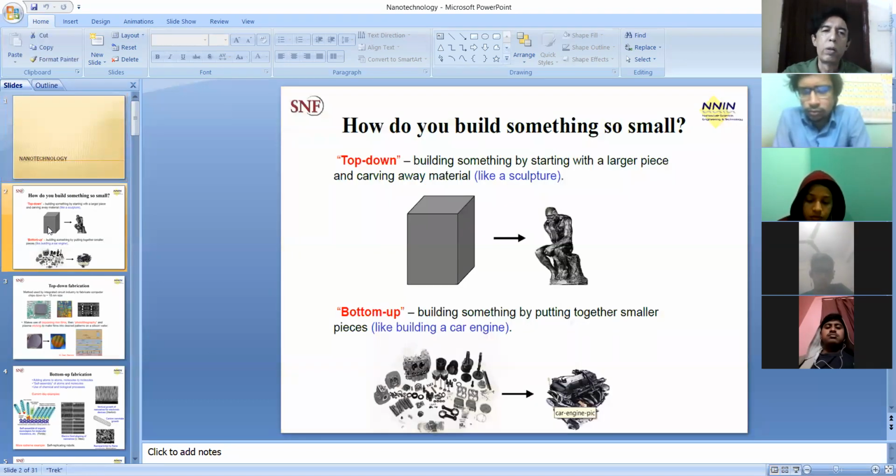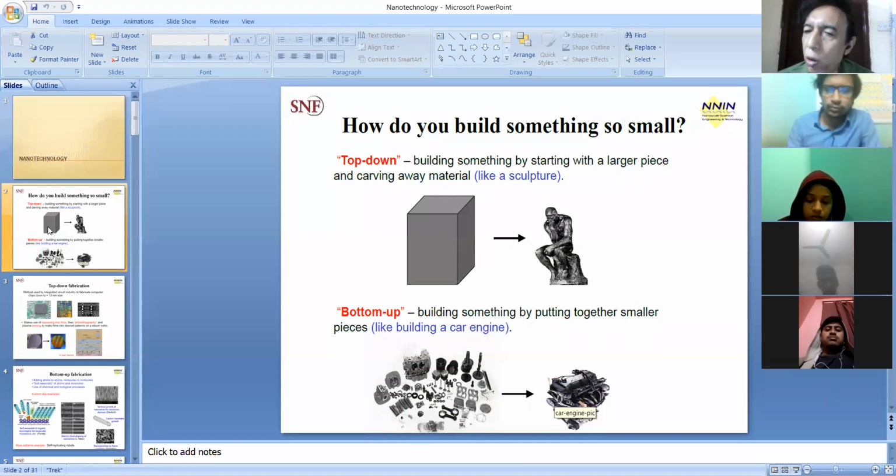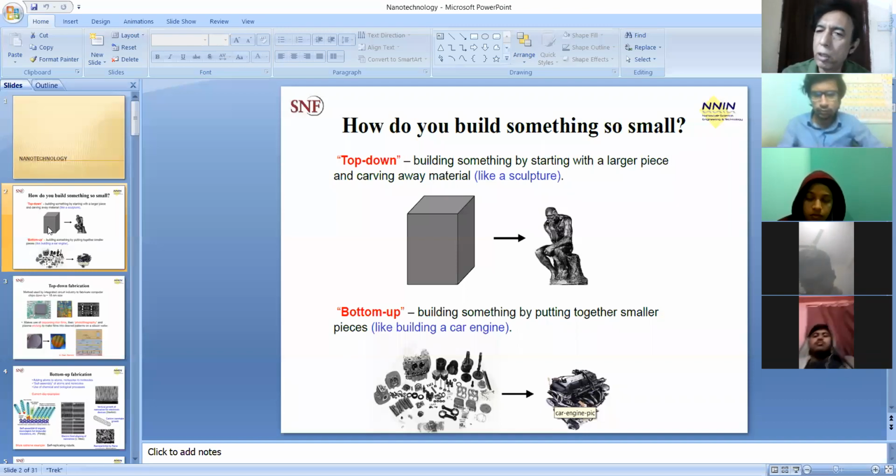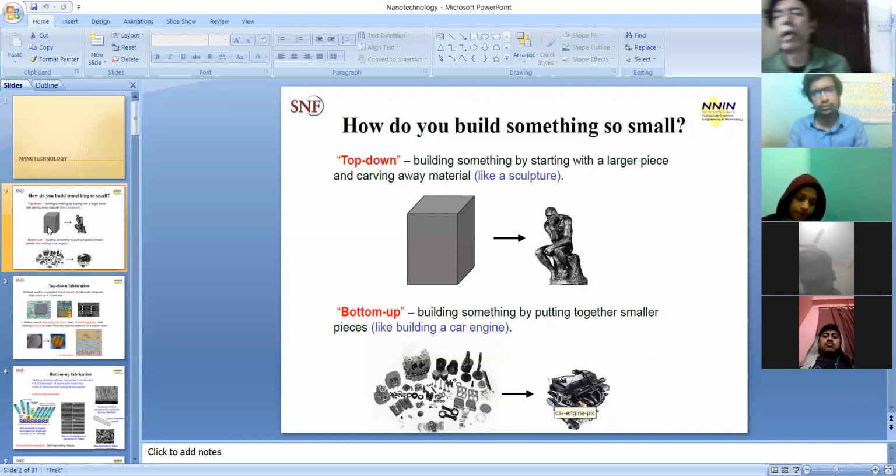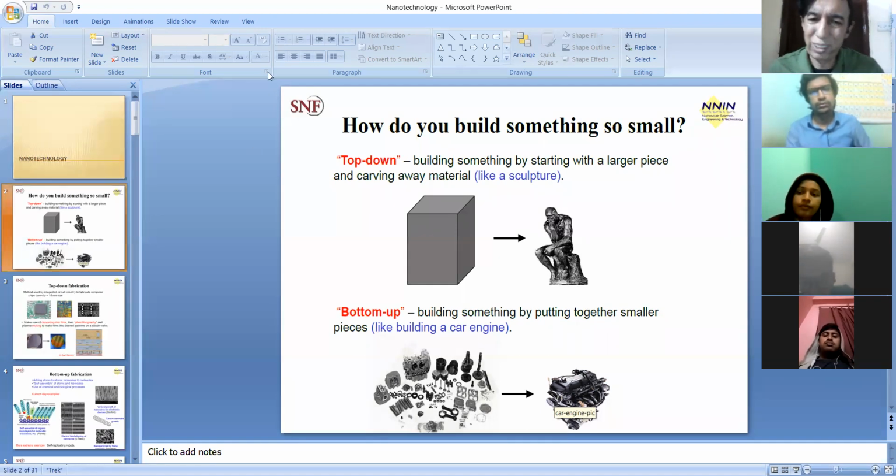Now, how do we build something so small? How can we prepare a very small substance which we do not see? We cannot even see a substance at the nano level. How can you prepare it? There are two methods.